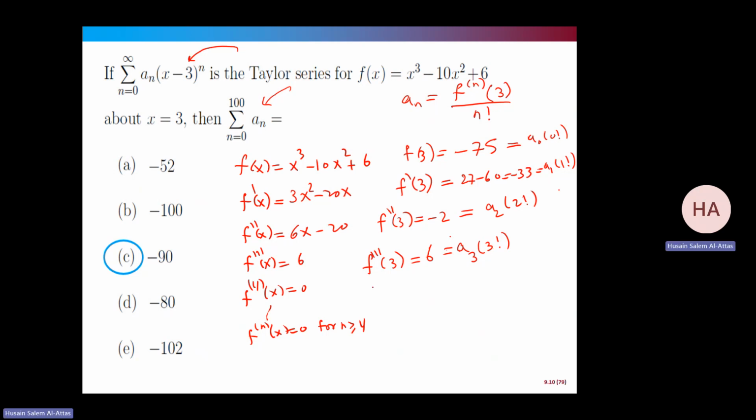The fourth one, and so on, it will be 0, which is A4 times 4 factorial.